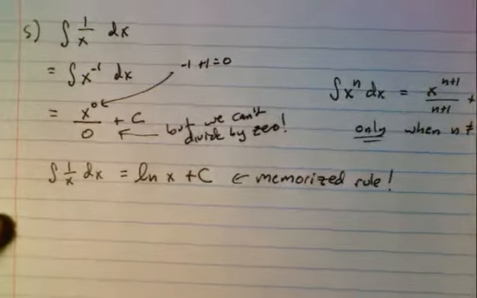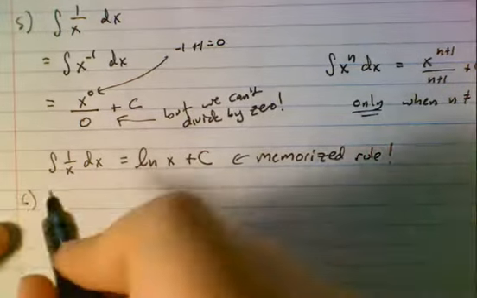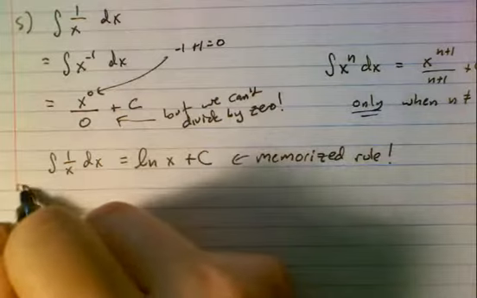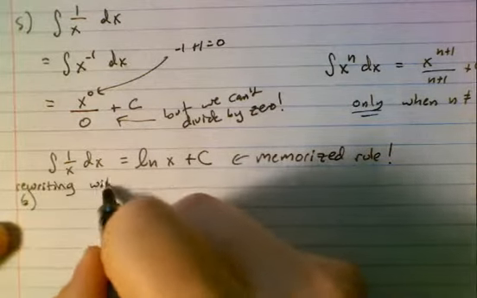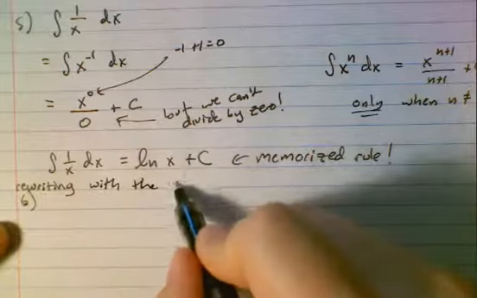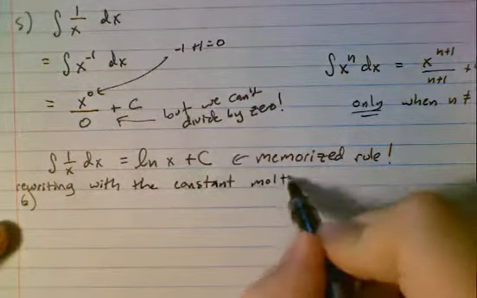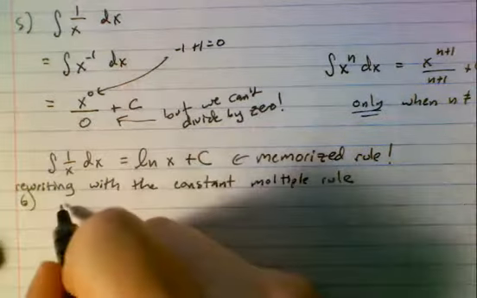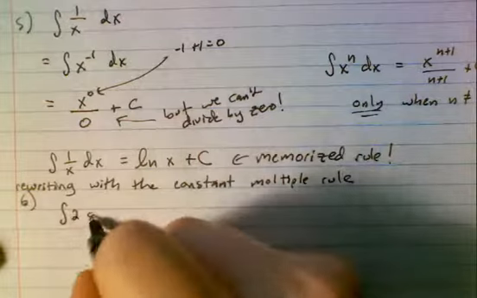There's one final rewriting with the power rule, a problem that I want to show you, and this is actually rewriting with the constant multiple rule. And we've been doing this, I just want to make it really explicit.